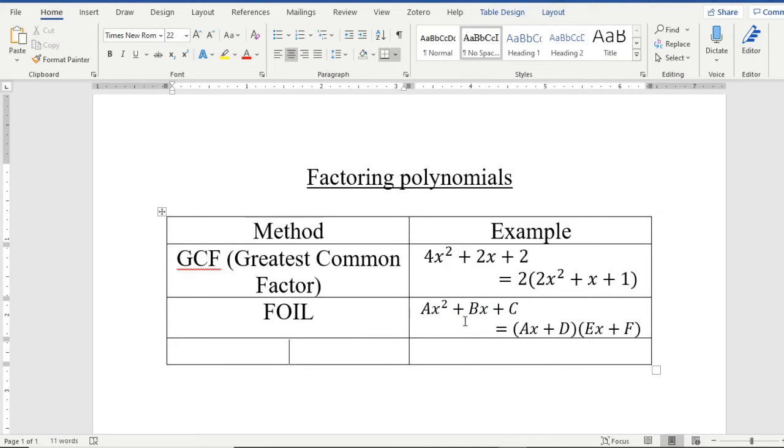Okay, there is another one for quadratics, which is difference of perfect squares.